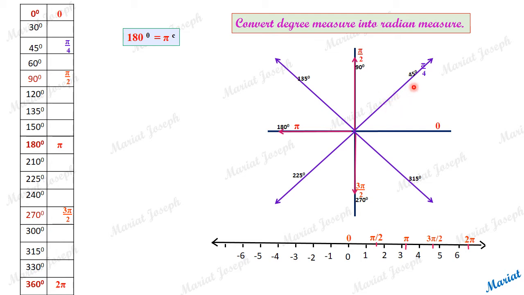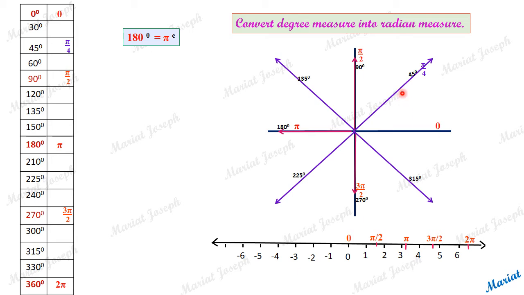This is 45 degrees, that is 1 pi by 4. 2 pi by 4, 2 into pi by 4, is pi by 2. 3 pi by 4, 4 pi by 4, 5 pi by 4, 6 pi by 4, 7 pi by 4 and 8 pi by 4 is again 2 pi.